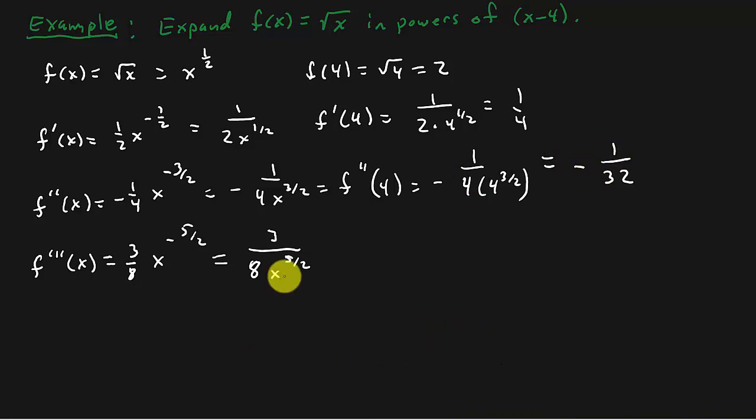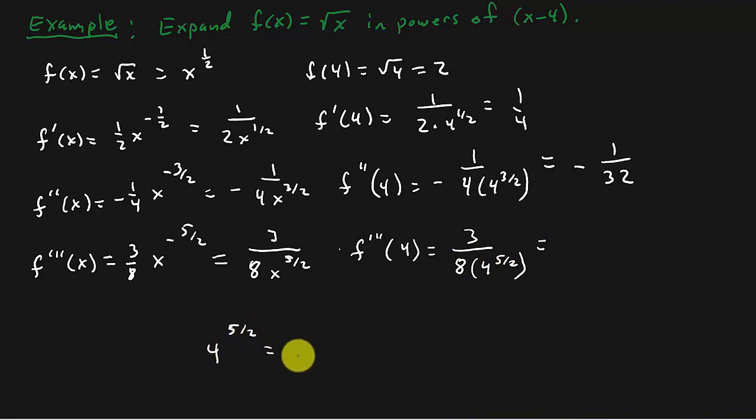And then we have f triple prime of 4, well, that's 3 over 8 times 4 to the 5/2. And 4 to the 5/2 is the square root of 4 to the 5th.